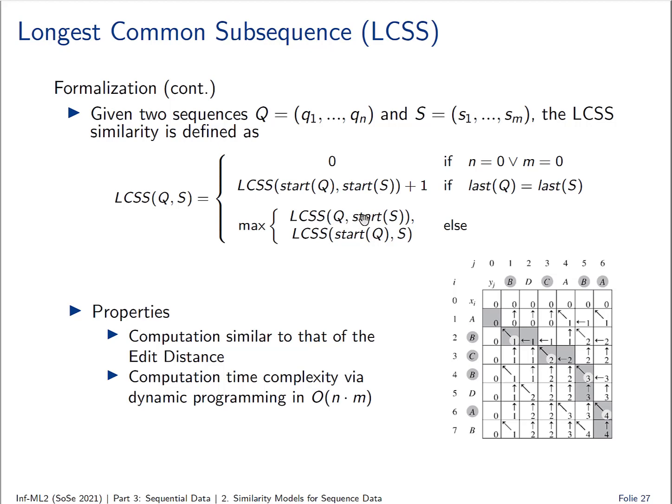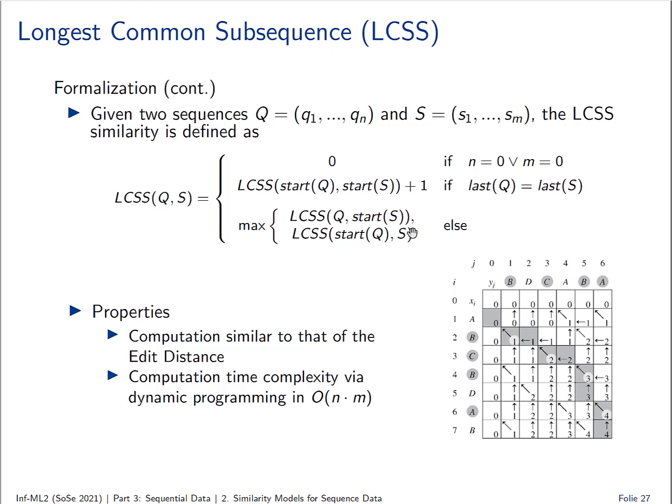So we have these two recursive steps, and of course we look for the maximum in those two cases. But if the two last elements from Q and S are not equivalent, we cannot add 1 here, because we haven't found a match so far.